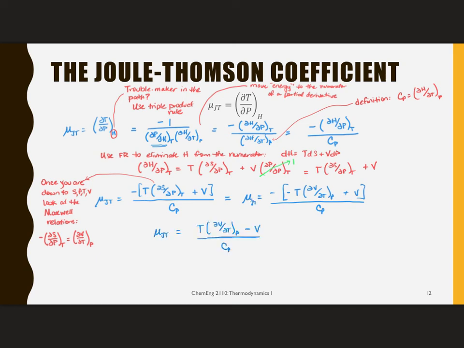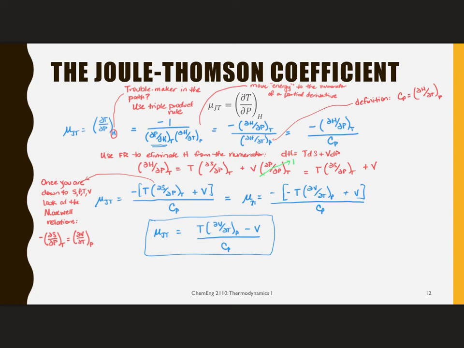And what we are left with is that the Joule-Thomson coefficient could be calculated using this expression here. Temperature times how volume changes with temperature at constant pressure minus the volume divided by C sub P.